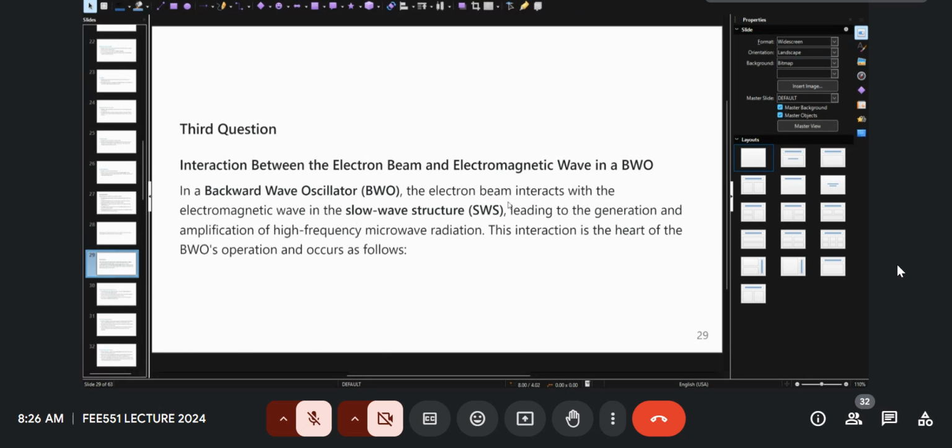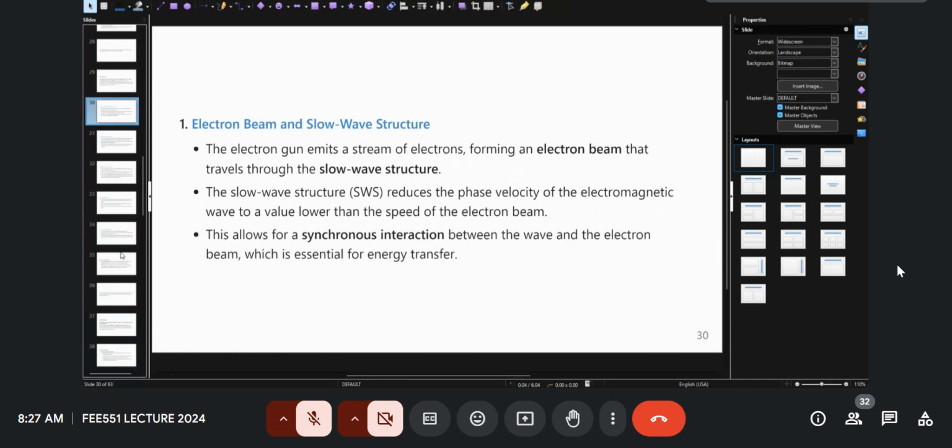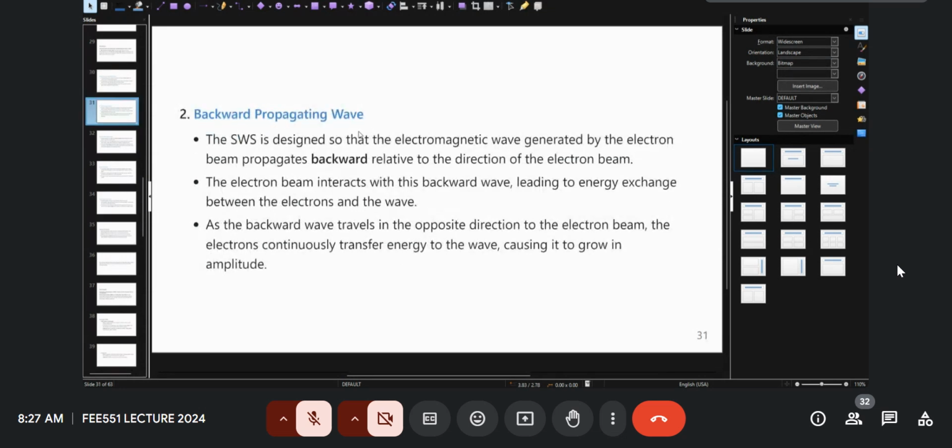The electron beam interacts with the EM wave in the slow wave structure, leading to generation and amplification of high frequency microwave radiation. It allows for synchronous interaction between the wave and the electron beam, which is essential for energy transfer.